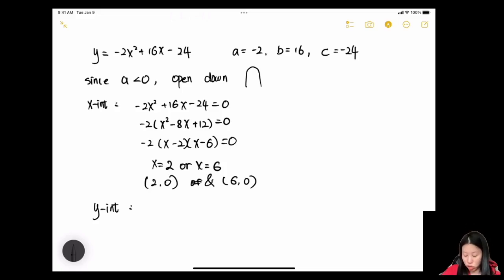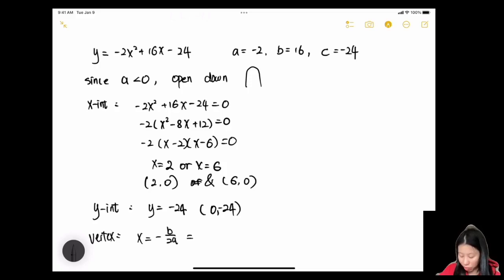Y-intercept. The y-intercept is when x equals 0, which is negative 24. I have the y-intercept at x equals 0, y equals negative 24. Okay, next is the vertex. The vertex is when x equals negative b over 2a, b equals 16, 2 times a, which is negative 2.